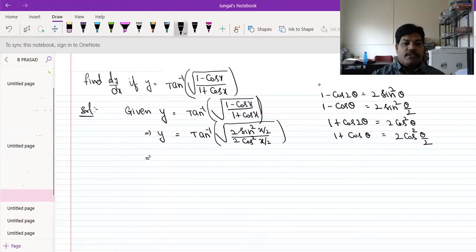So y is equal to tan inverse of, the 2 and the 2 will be cancelled, the square root of sine square x by 2 by cos square x by 2.